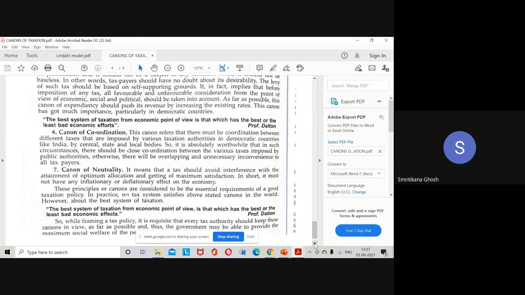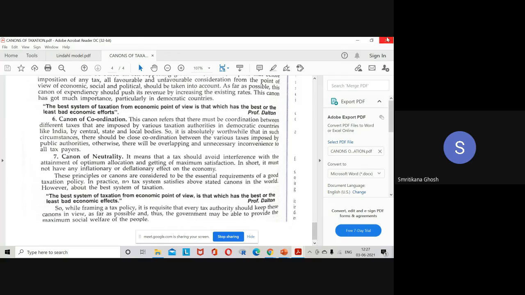If it is 6% then 6% for each and every individual of the economy. It's not like 10% for this section and 0% for that section, and other than these two, everyone is paying 6%. So it's not like that. It should be neutral in nature. So these are the canons of taxation.